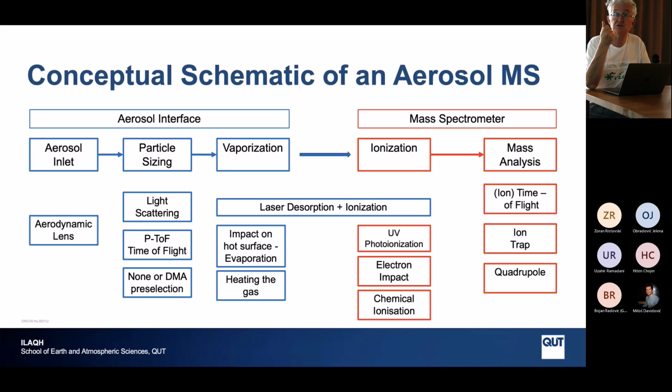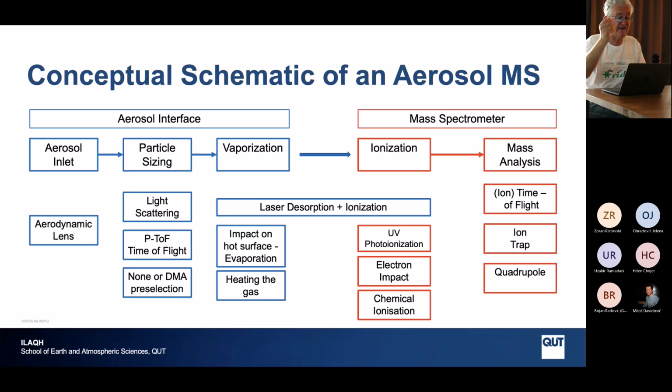The advantage of laser desorption is that while you zap a particle with a UV laser, you evaporate it and at the same time you also ionize it with the UV light. You can also have impact on a hot surface: you slam the particles onto a hot surface at 600 degrees and immediately evaporate them. Or you can do that by heating with a gas, heating the sample to high temperature to thermally evaporate it.